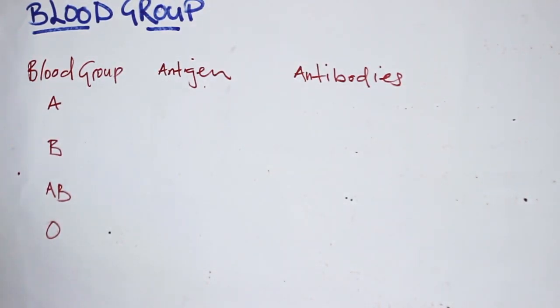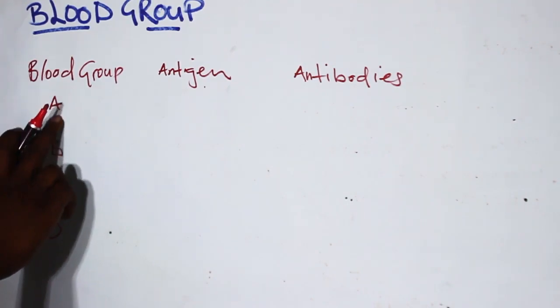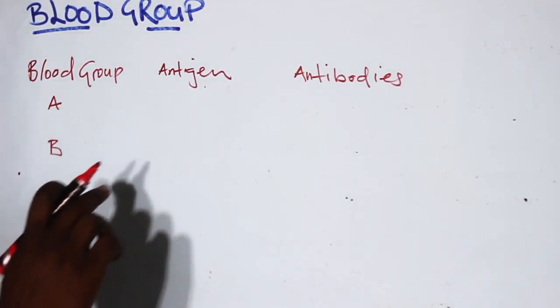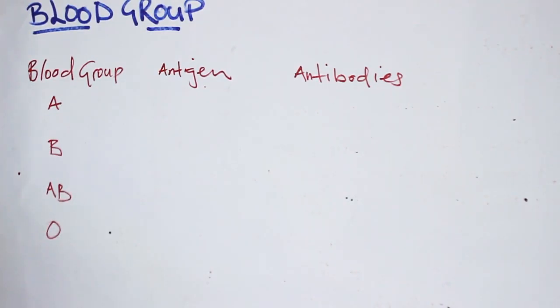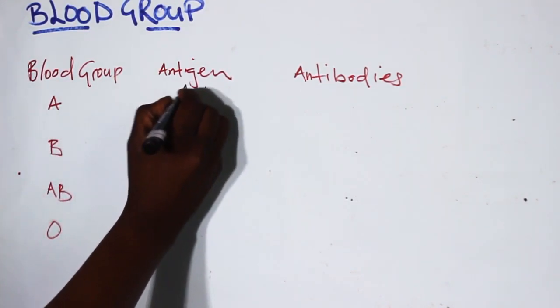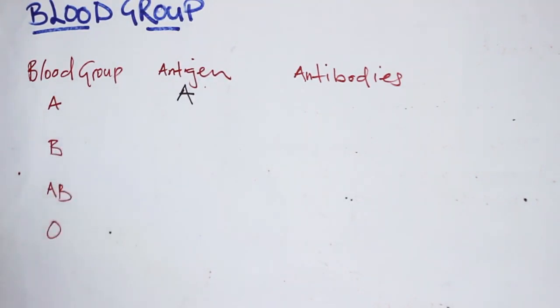So moving on. Basically what I was saying is that antigens are represented by a capital letter. If you are blood group A, meaning your antigen is A. Let me just use a different marker so that I can highlight that more. If your blood group is A, you have antigen A. Like I said, antigens are represented by a capital letter.